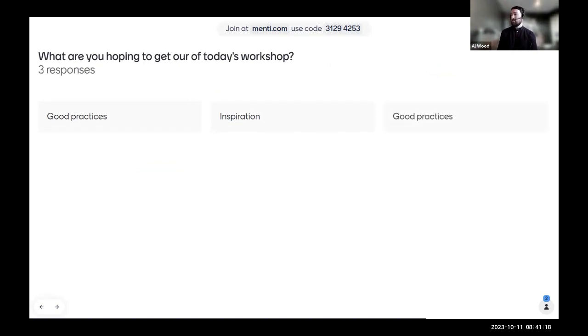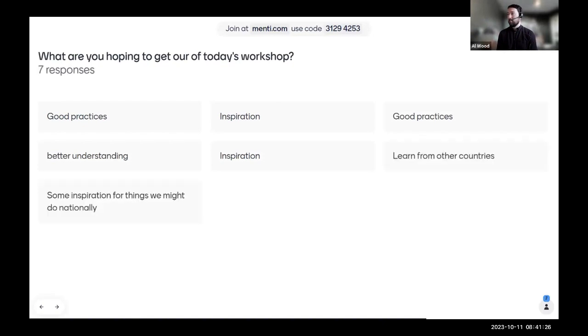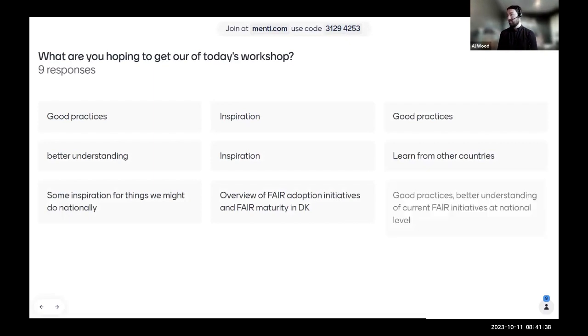Good practices, inspiration, good practices again, a better understanding. Want to learn from other countries, some inspiration for things we might do nationally. Overview of FAIR adoption initiatives and FAIR maturity in Denmark, yes.